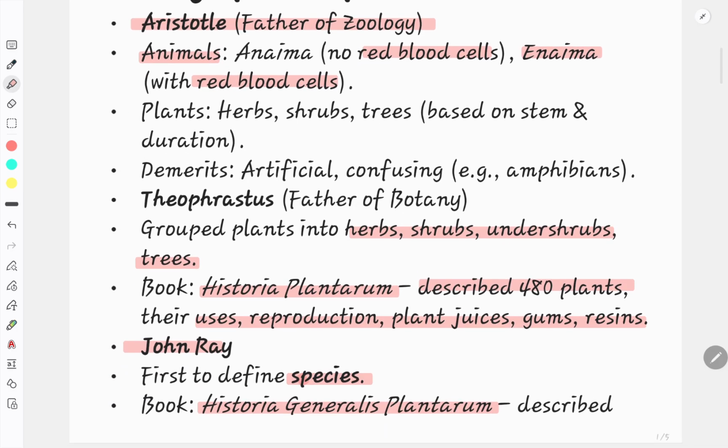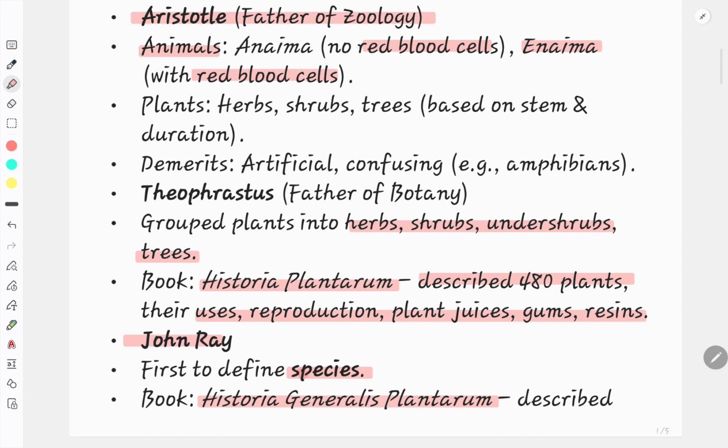He classified the plants into three groups: herbs, shrubs, and trees, based on the stem and the duration. The longer they live, the more they were classified as trees. The shorter the lifespan, the more they were classified as herbs, based on the structure of their stem.